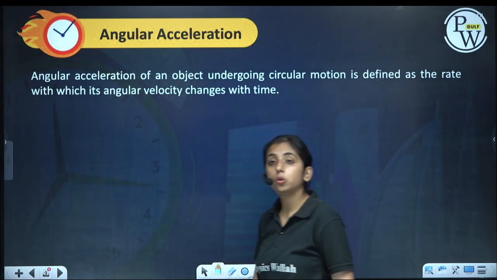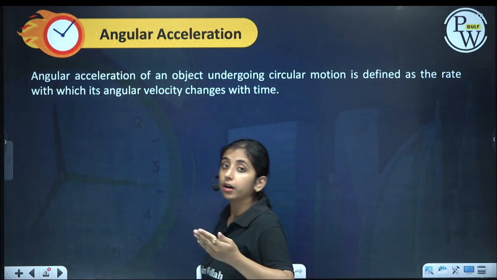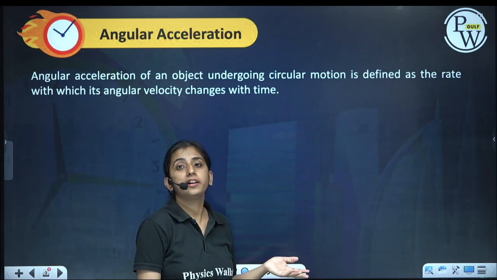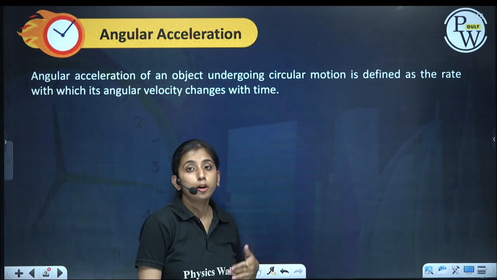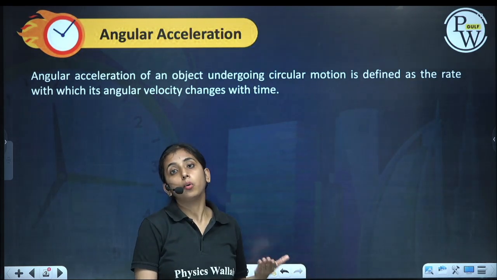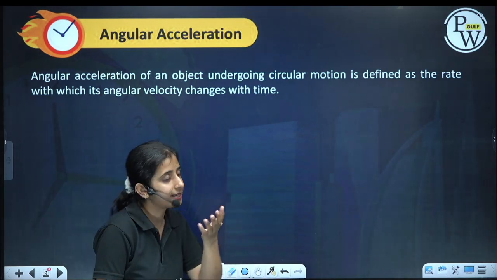Now let us come to angular acceleration. If omega is also variable, earlier the particle was rotating with 5 radian per second, now it is rotating with 8 radian per second. So if omega is changing, the rate of change of angular velocity gives us angular acceleration.